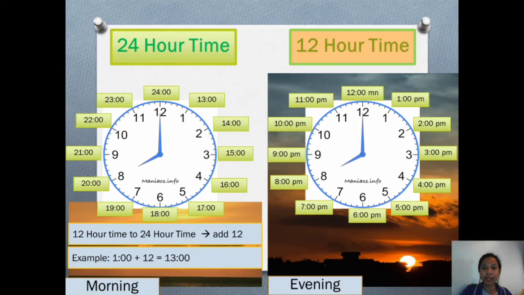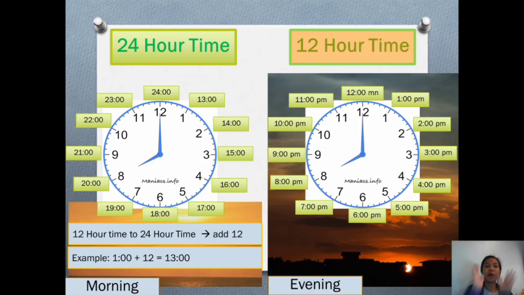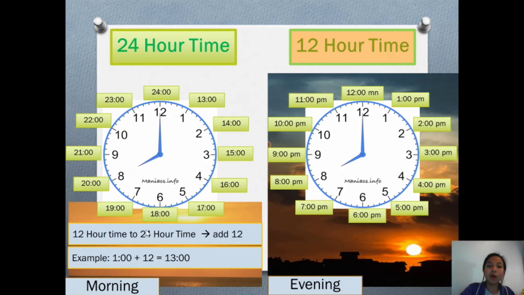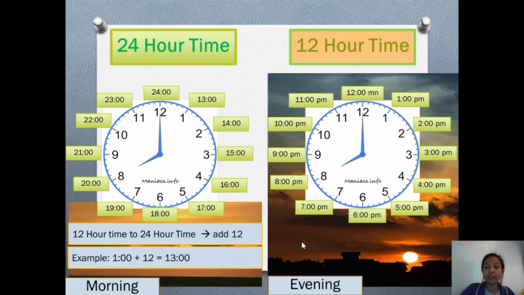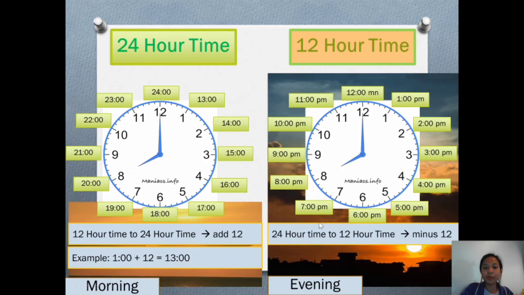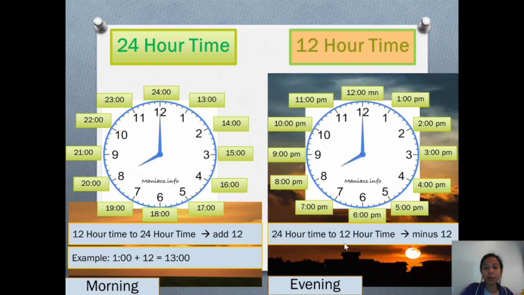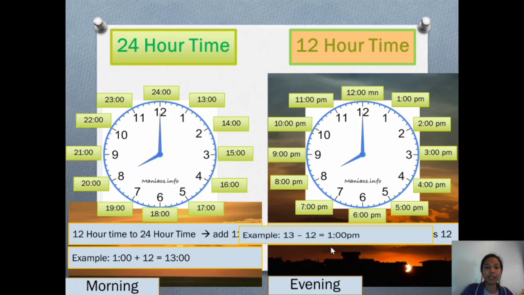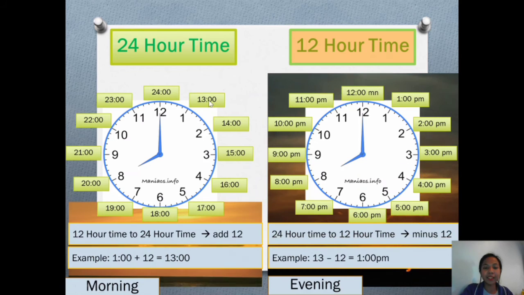What if from 24-hour time to 12-hour time? The opposite of add is minus or subtraction. So from 24-hour time to 12-hour time, minus 12. Let's say I have your example, 1300 time, 13.